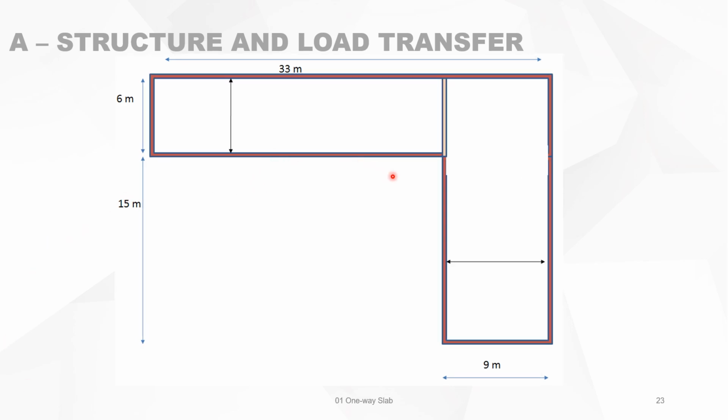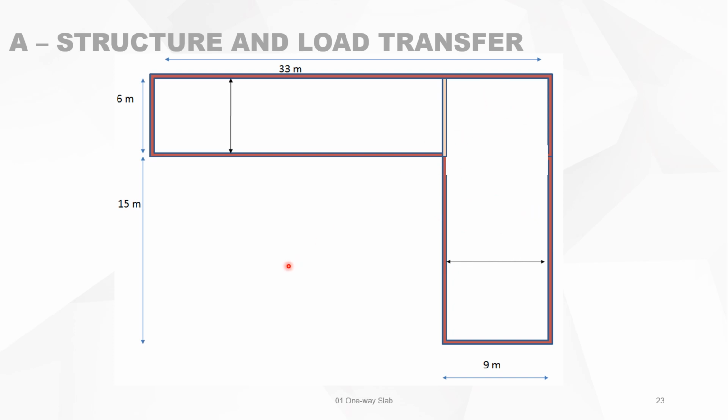Then we can find a solution by making one beam here, and then this area, you can easily see that this proportion to that is bigger than 2, so we can use one-way slabs like that. And on the other side, the same thing, we use one-way slabs like that.